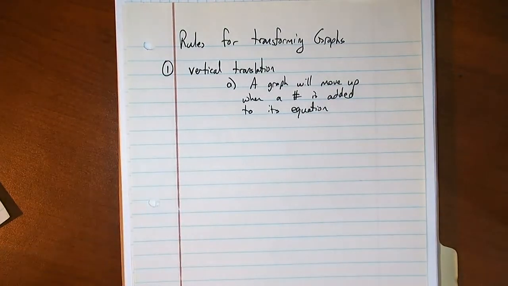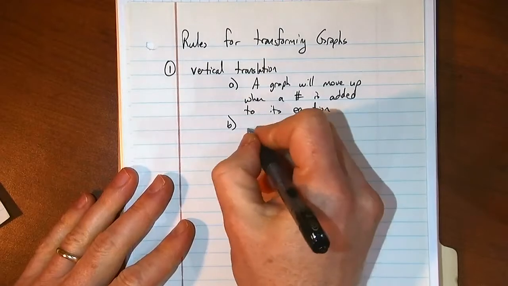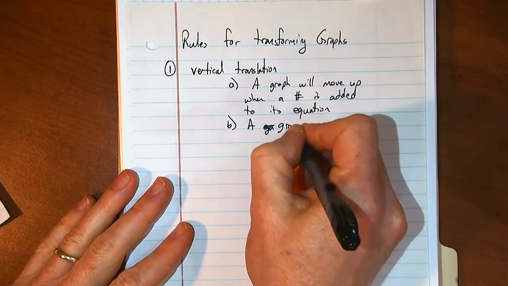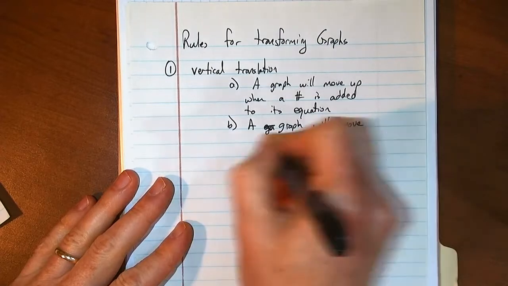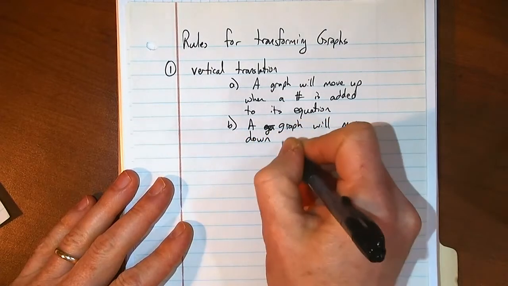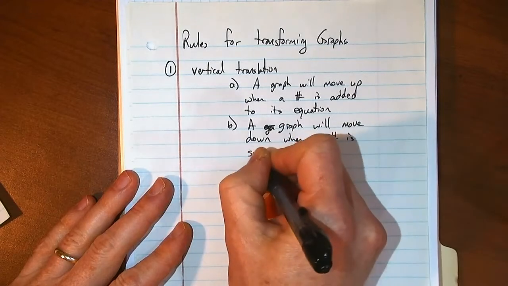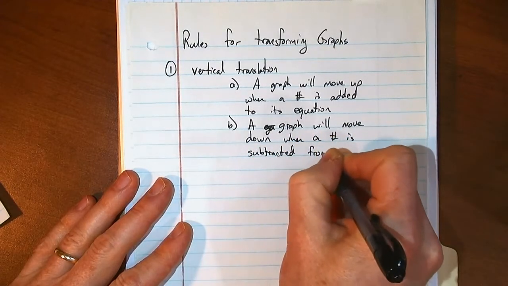Okay, so that's the first half of the rule. The second half of the rule says the graph will move down when a number is subtracted from the equation.